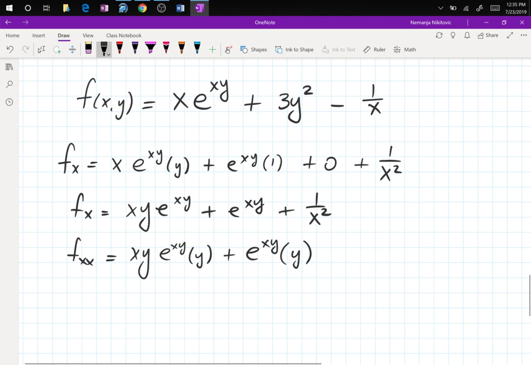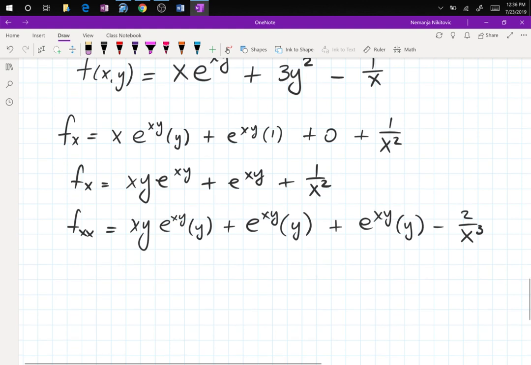The derivative of xy is just y, because x goes to 1, right, as in a derivative. Plus e to the xy times y, and then minus 2 over x cubed when you take the derivative in respect to x for 1 over x squared. You can do that as x to the minus 2, and then minus 2 drops, and minus 2 minus 1 is minus 3, and so on.